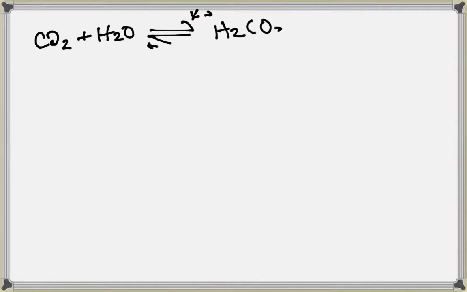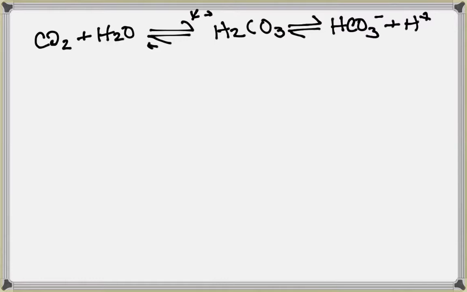When you have the bicarbonate, you have carbon dioxide and water coming together, right? And these arrows mean that they can go this way or that way. That's what that means. And so they come together to form carbonic acid, and that carbonic acid produces bicarbonate and a hydrogen.